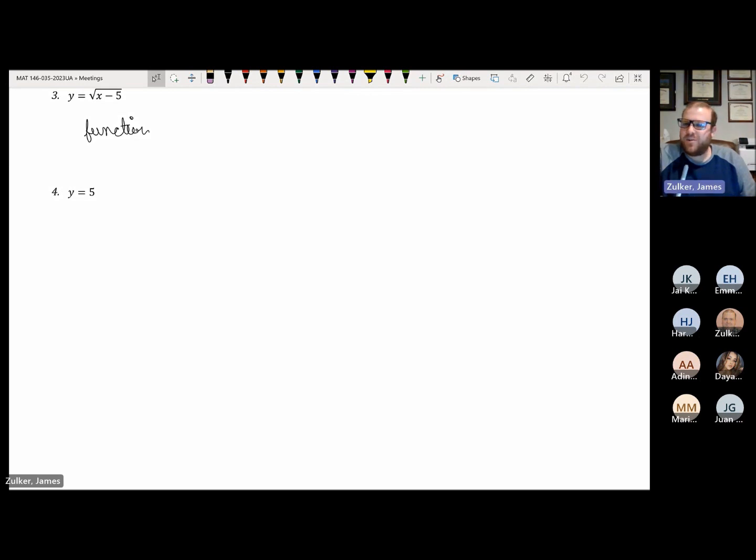If x is 6, what's y? So yes, this is a function, because y is a function of x. It doesn't matter that every x value gives you the same y value. That's fine. What's important is that each x value has only one corresponding y value.